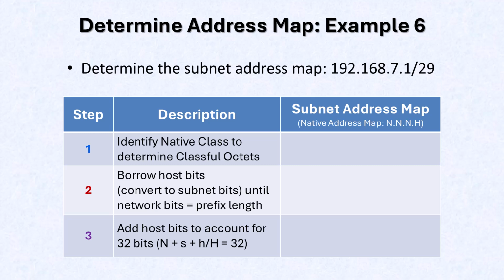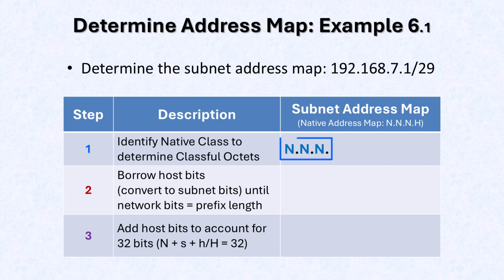Example 6. Determine the subnet address map for 192.168.7.1/29. Since the first octet is 192, the native class of this address is Class C. Since Class C addresses have 3 classful octets, we will start with 3 uppercase N's.